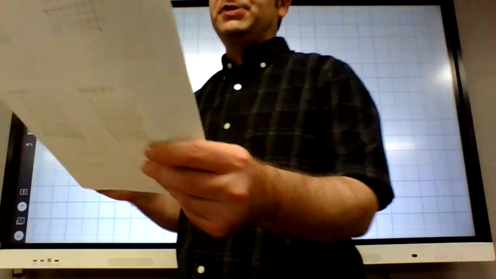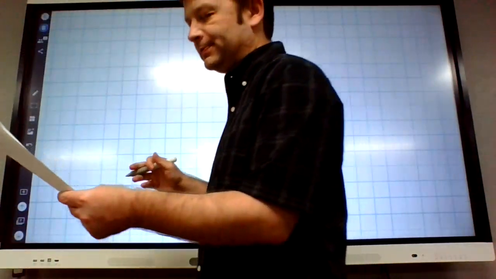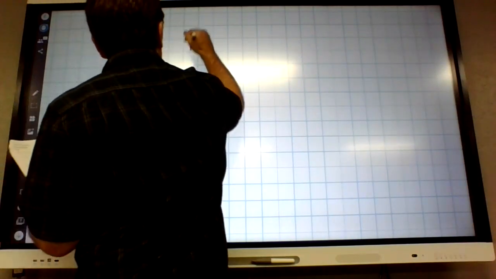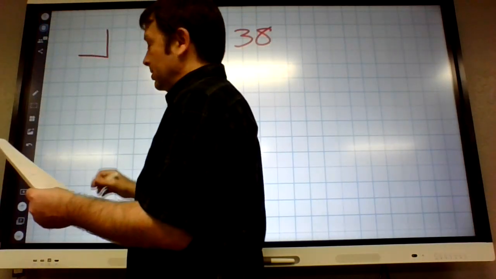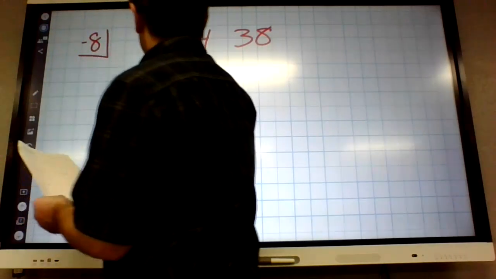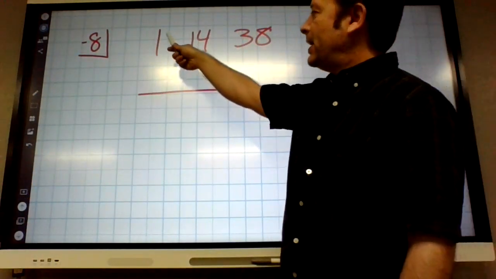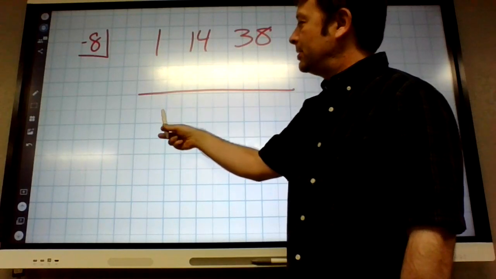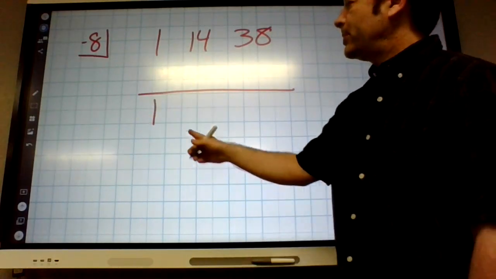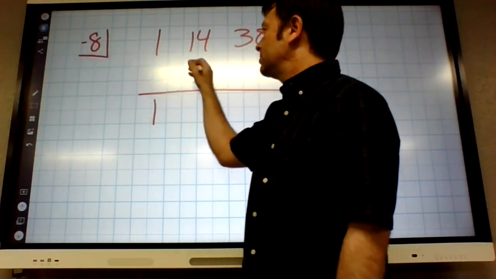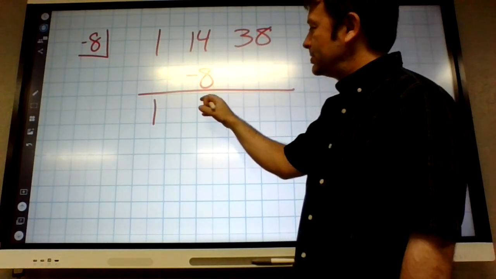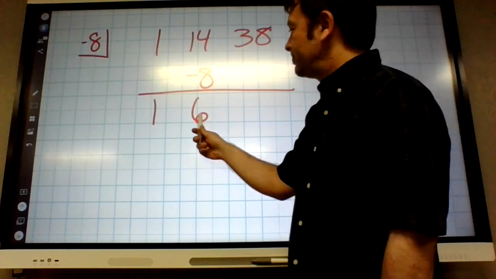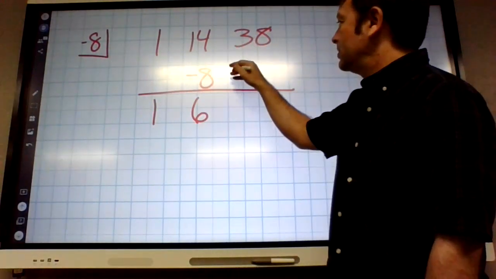Okay, number 7, I'm gonna do synthetic again. What are my coefficients for number 7? 1, 14, 38. What am I gonna put in the box? -8. Adding down, 1 plus nothing is 1. Multiply up, 1 times -8. Adding down, 14 minus 8. Multiply up, 6 times -8.